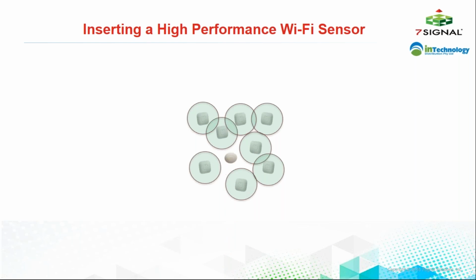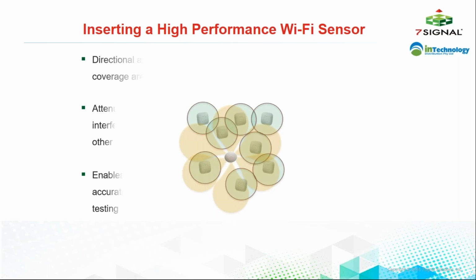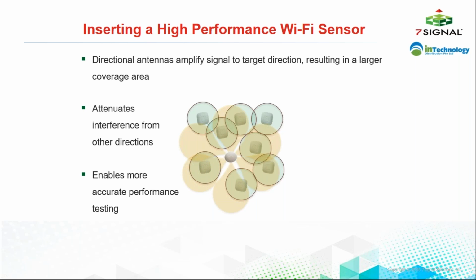Now, what makes 7signal different is that we have not an omnidirectional antenna array, but a directional antenna array. These directional antennas allow us to amplify or shoot a beam of energy in one direction. It allows us to connect to more access points, and when we connect to those access points, we run through our test plan.